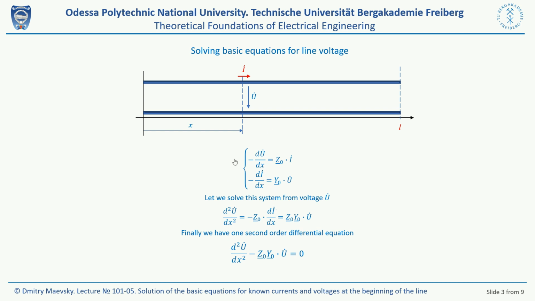But we already know the current derivative from the second equation. Substituting this derivative from the second equation, we finally obtain a second-order differential equation with respect to the voltage complex at any point of the line.